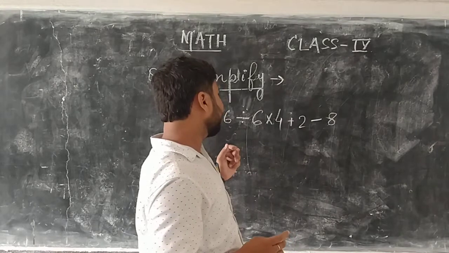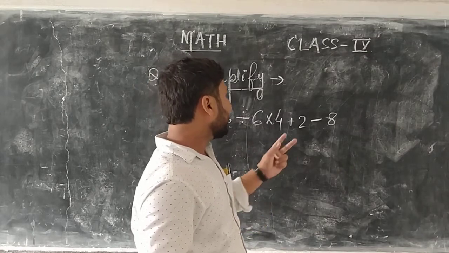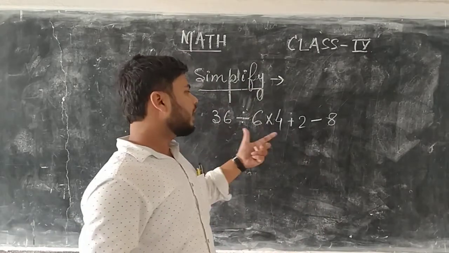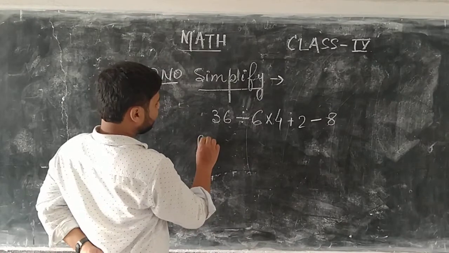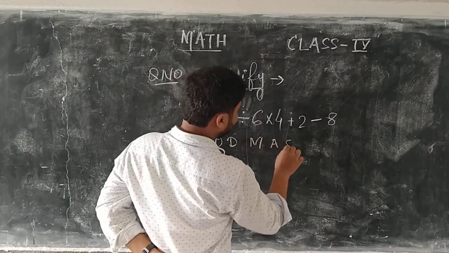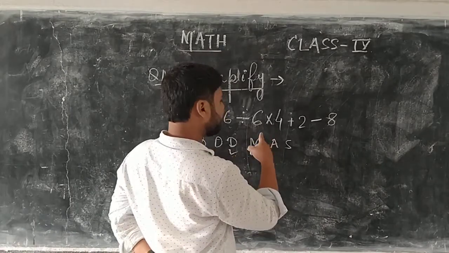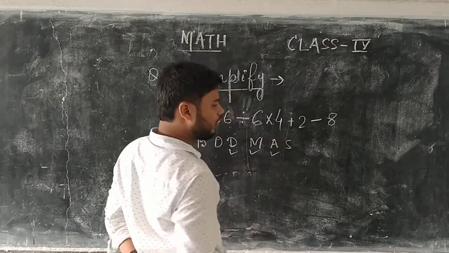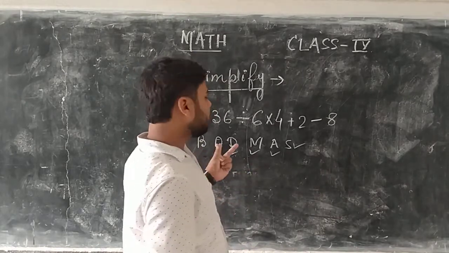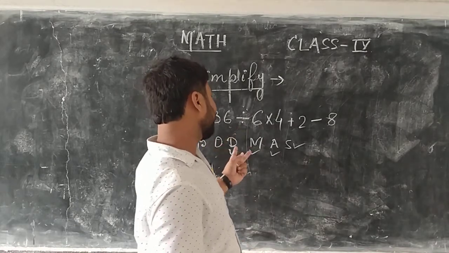Here brackets are not given, no matter, but division, multiplication, addition and subtraction are given. In B O D M A S, division is given so we will talk about division, multiplication is given, addition is given, and subtraction is given. But of and bracket are not given, so we will not talk about them.